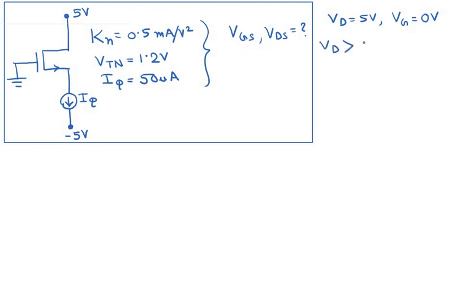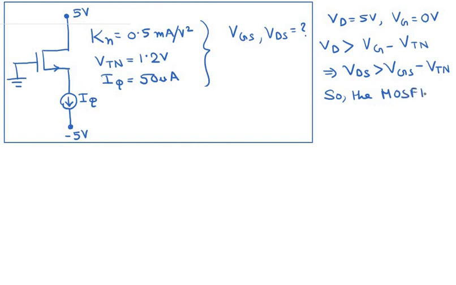So Vd is greater than Vg minus Vtn. This is already evident from this information. So this implies that Vds must be greater than Vgs minus Vtn. So the MOSFET is operating in the saturation regime.